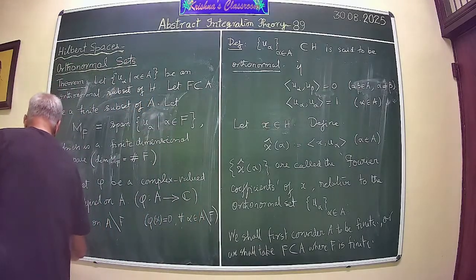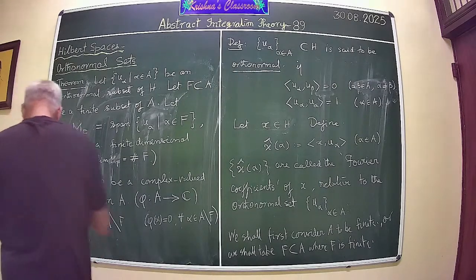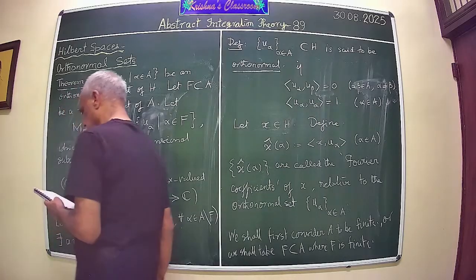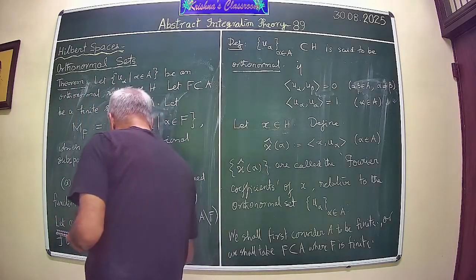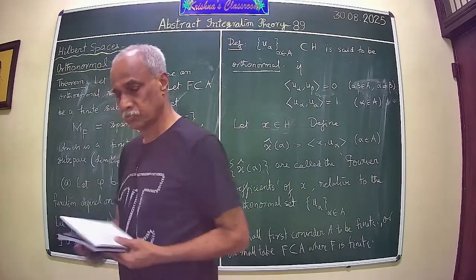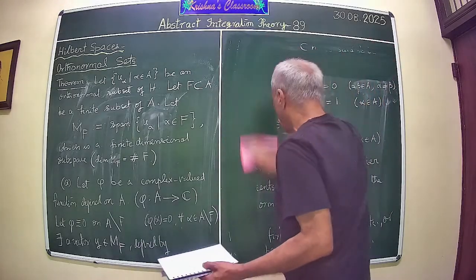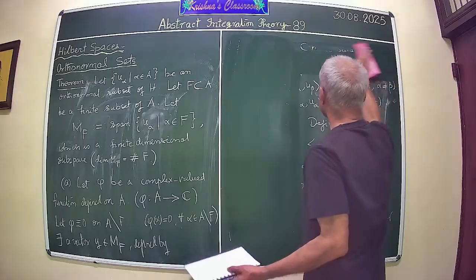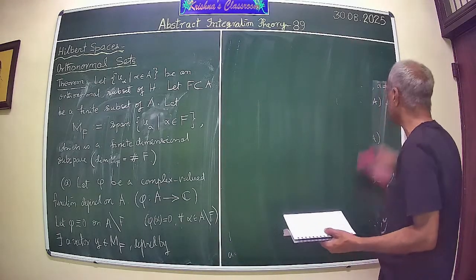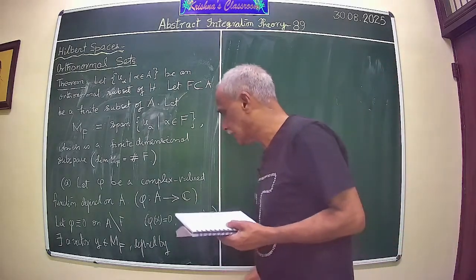So there exists a vector y belonging to M_F defined by, how is this y defined? Y is defined as a linear combination of U alpha for alpha belonging to F, but the coefficients are picked up as the Fourier coefficients.